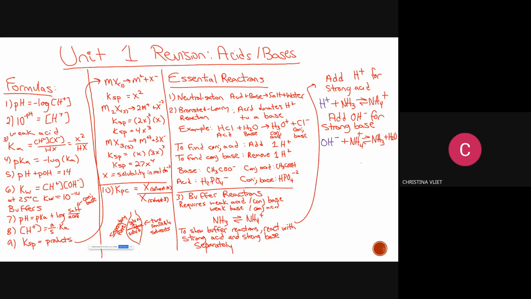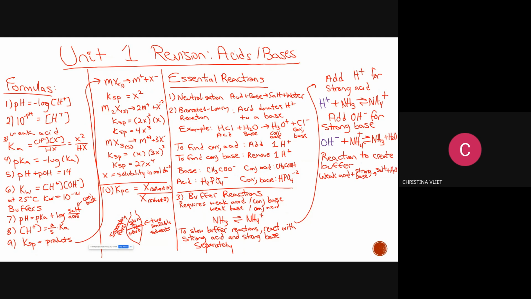I still have a little bit more. What would be the reaction to create a buffer? You add a strong base to your weak acid, and it makes salt and water.